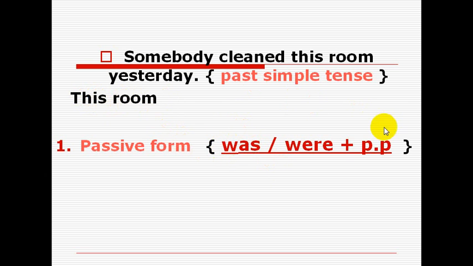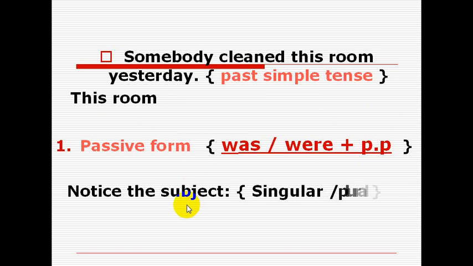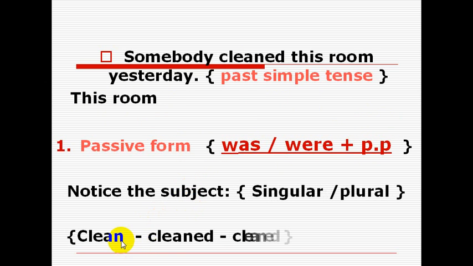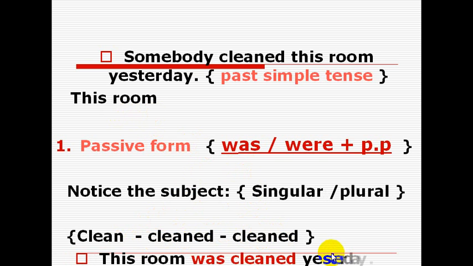Now the second part, past participle, the PP of the verb clean. Clean, cleaned, cleaned. So, this room was cleaned yesterday. Excellent.